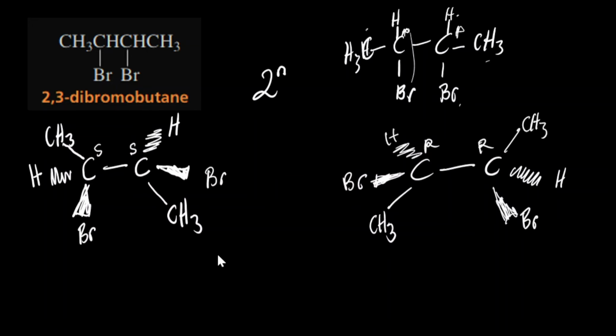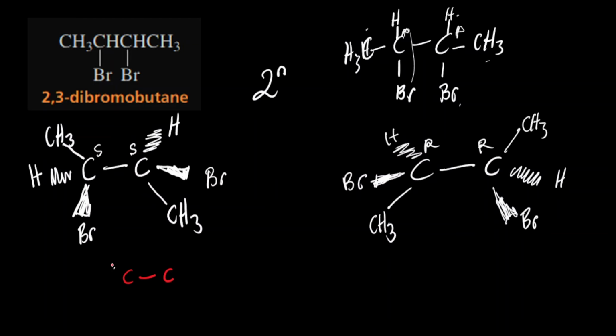Now, they are mirror images because they differ at both asymmetric centers. Now, let's change the configuration of just one asymmetric center. So we'd have something that looks like this. I'll draw this in the middle. Let's flip for ease.